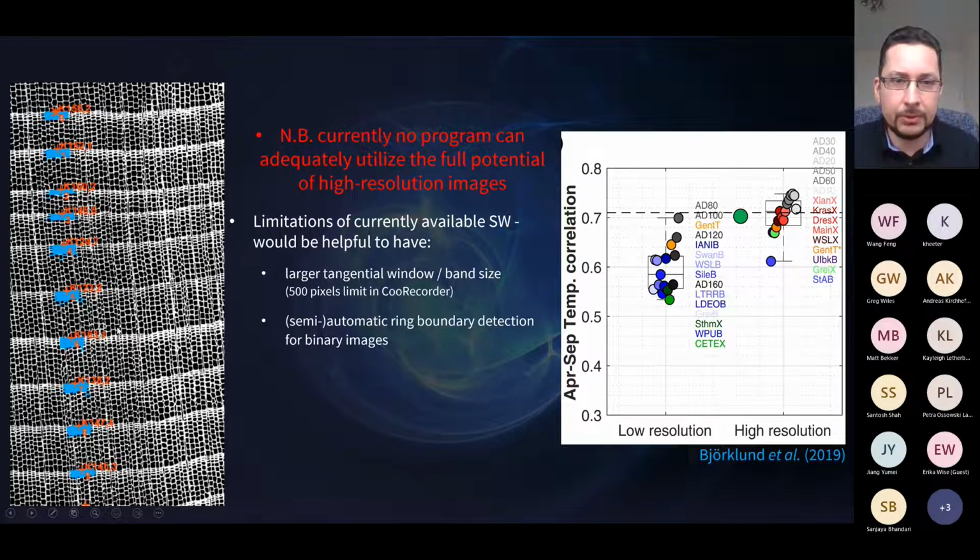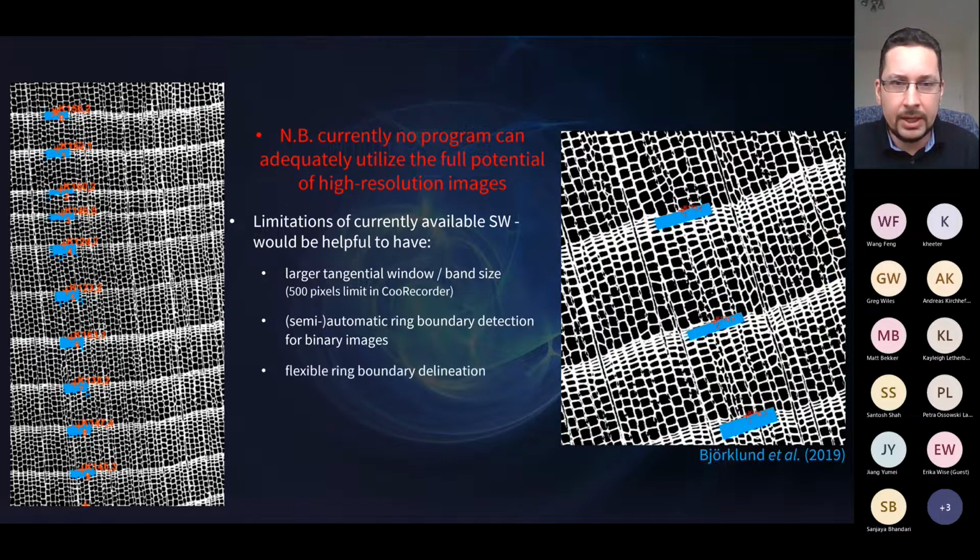We're also not really able to automatically or semi-automatically measure the ring boundaries, so placing each individual point is quite tedious. We also have to be very careful with the orientation of the boxes, the area that is used to calculate the surface intensity value.